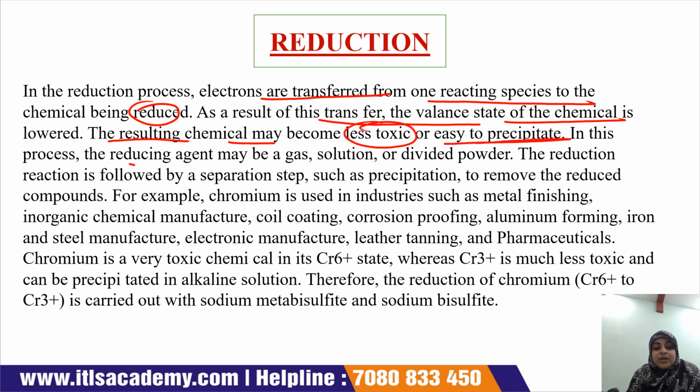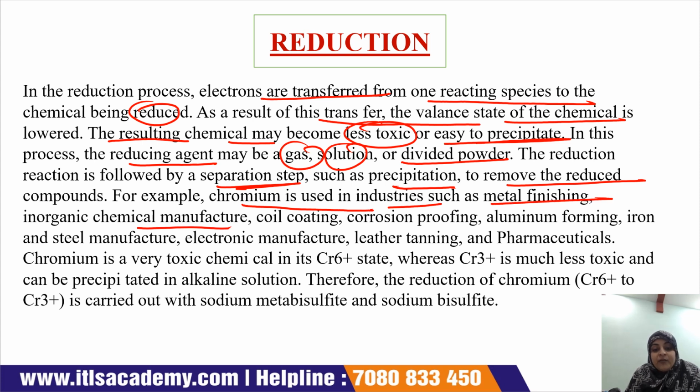In this process, reducing agents like gas, solution or divided powders are used, and the reduction reaction is followed by a separation step, like precipitation, to remove the reduced compound. Chromium used in industries like metal finishing, inorganic chemical manufacturing, coil coating, corrosion proofing, aluminum forming, iron and steel manufacturing, electronic manufacturing, leather tanning and pharmaceutical are examples of this reduction method.